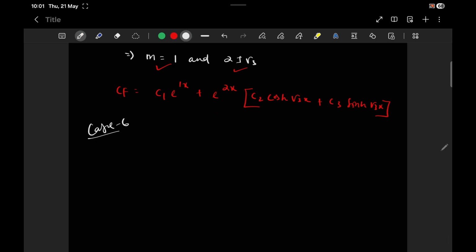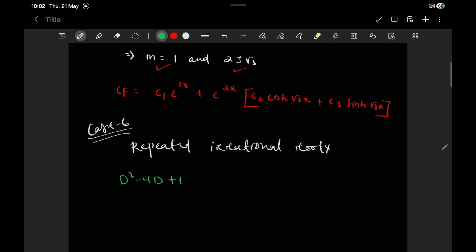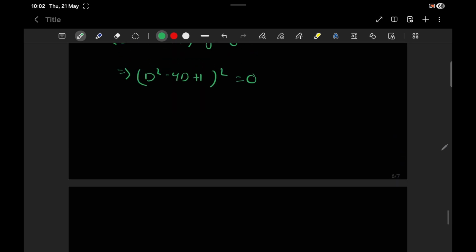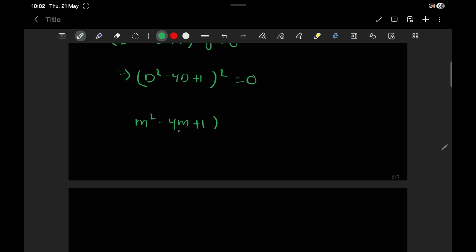Now the final case, case 6, repeated irrational roots. Consider an example (d square minus 4d plus 1) whole square into y is equal to 0. The auxiliary equation will be (m square minus 4m plus 1) whole square is equal to 0.